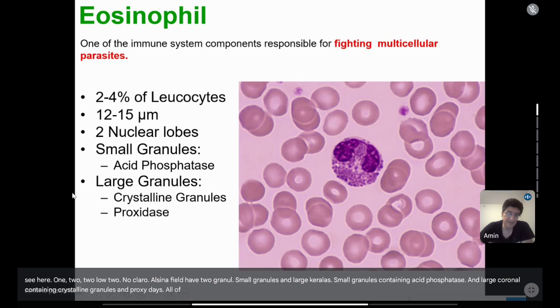All of these substances are for fighting multicellular parasites. Okay? These substances destroy or kill all parasites in the blood tissue.